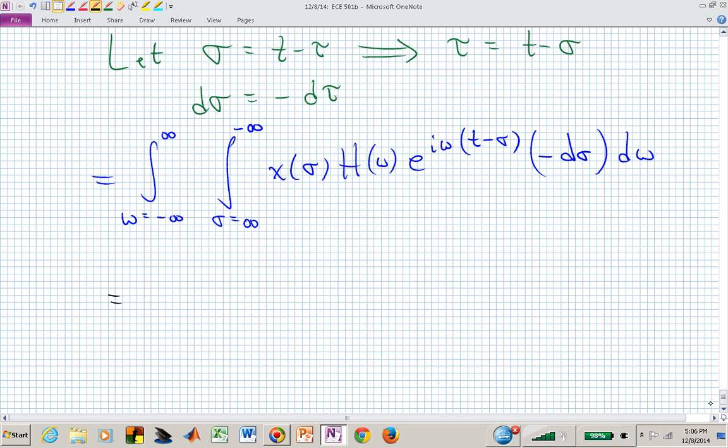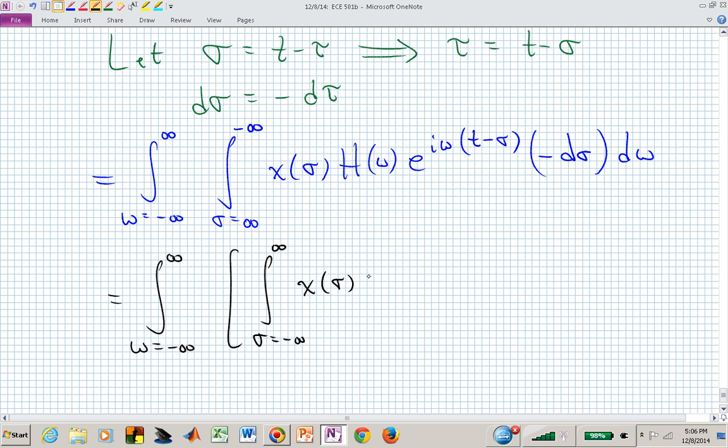Now we can start playing with, if I want to flip my limits on the integration, I can change the sign of my integral, and I have a minus sign to play with, meaning I can now keep this omega the same. But now let's say have sigma going from minus infinity to infinity, which means that my minus d sigma just becomes d sigma. I have x of sigma.